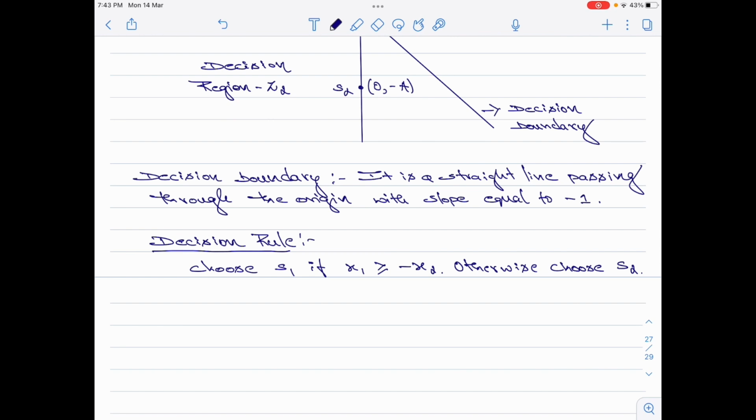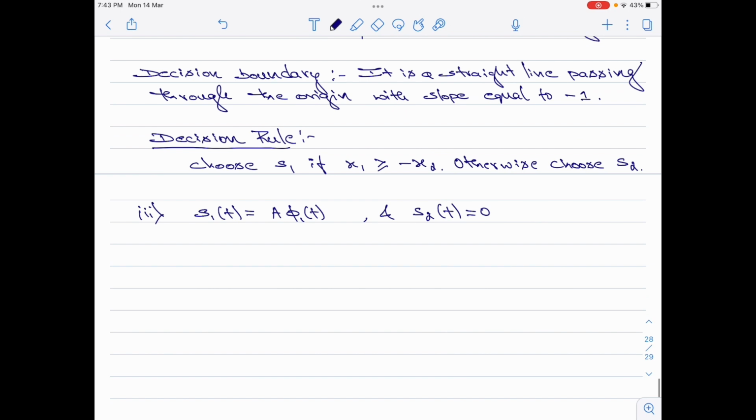Lastly, I move on to the third set given, which is S1 of t equals a into phi 1 of t and S2 of t equals 0. Therefore, the signal vectors are given by S1 is equal to a, 0 and S2 equals 0, 0.